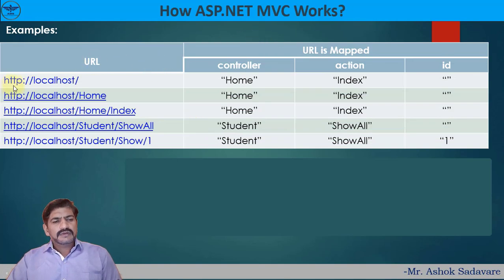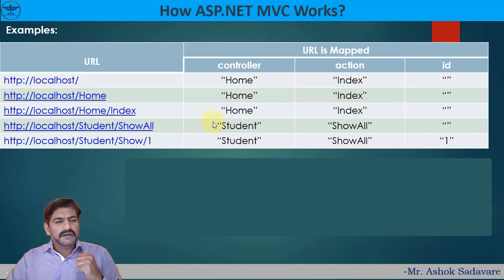Suppose the user passed the URL as a request, http://localhost/. Then this URL is going to map as controller name home, name of the action index, and it does not have any ID. So ID is an empty string. Okay. Now take the next URL, that is the second URL.